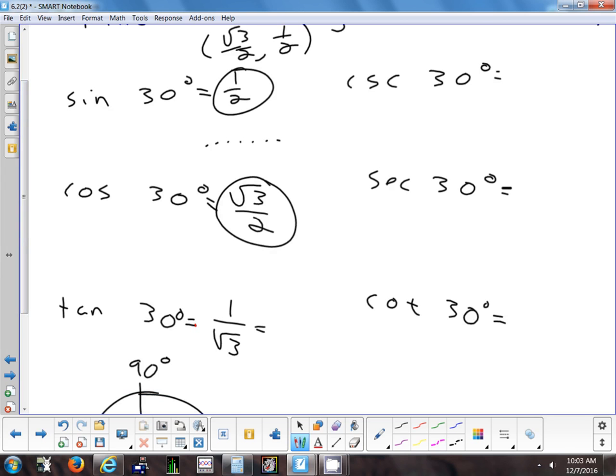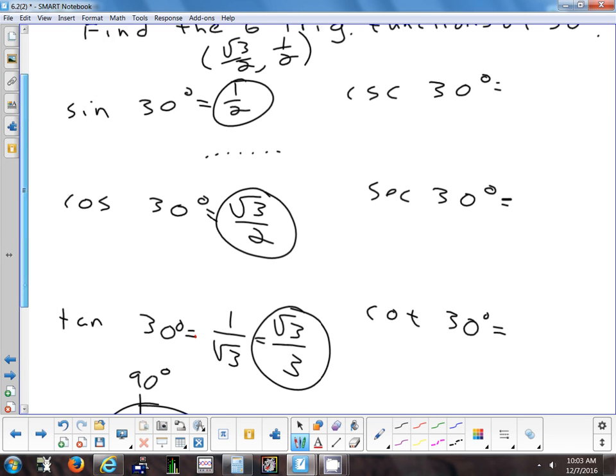But what if you multiply the bottom by square root of 3? Which is 3. So this is square root of 3 over 3. Okay, so good. Now leave the other part here because we're going to come back to that when we do cotangent, and we'll see, maybe we can use a shortcut.